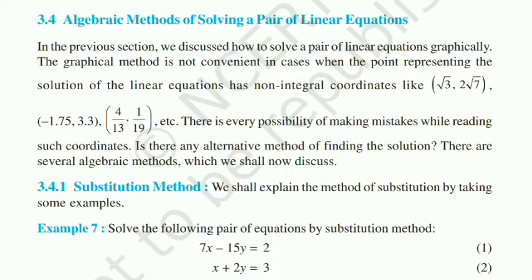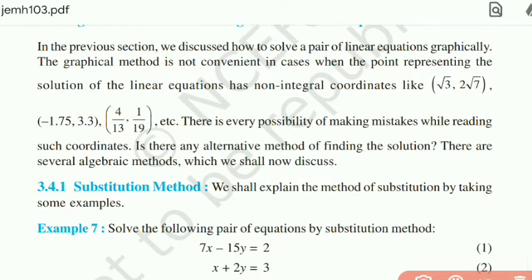In the previous section we discussed how to solve a pair of linear equations graphically. I have already told you that the graphical method is not convenient when the point representing the solution has non-integral coordinates. Why is the graphical method not suitable? Because sometimes the coordinates are root 3, 2 root 7, 2.57, or 3/5.